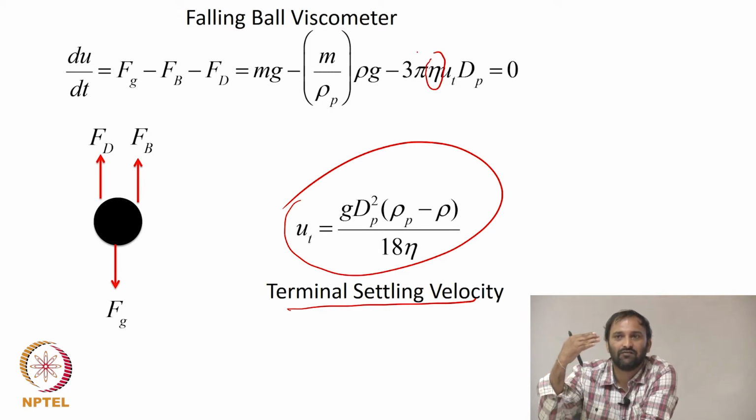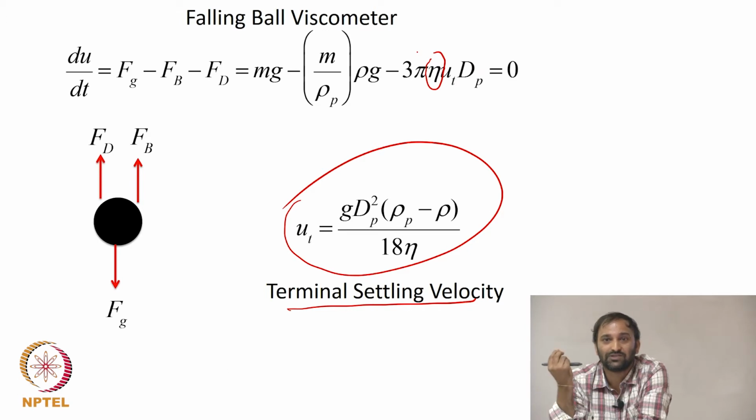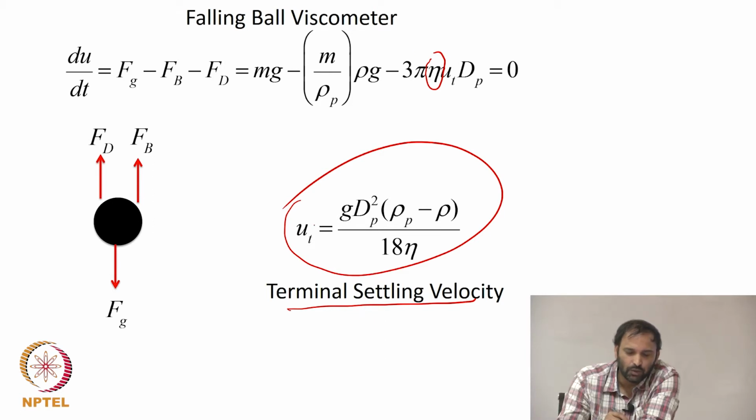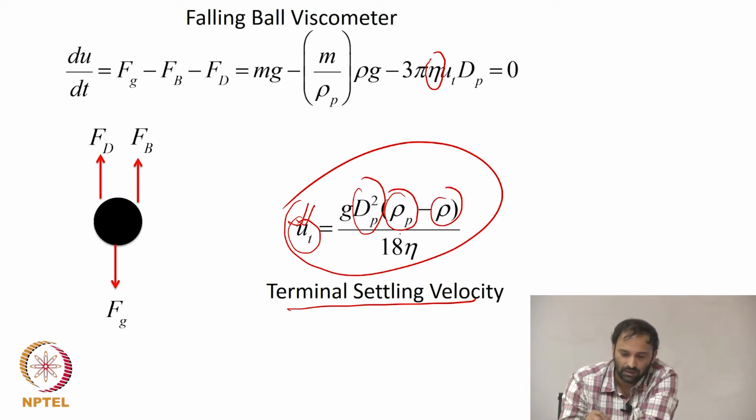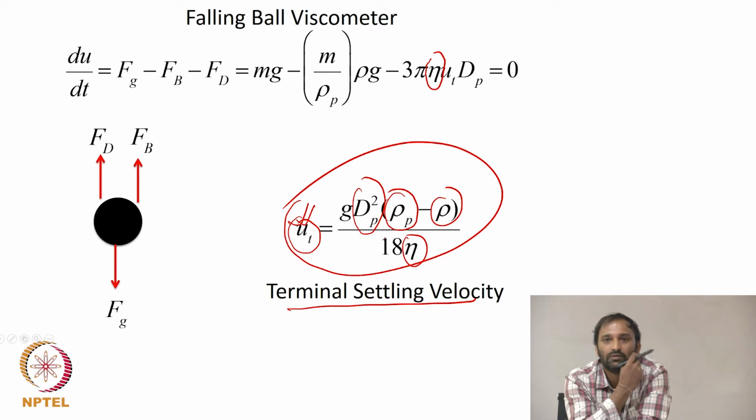As it falls down, the presence of the liquid slows down the ball. So if I have some way of measuring the terminal velocity, ut, and I know the diameter of the ball, the density of the particle and the density of the fluid, I can actually get the viscosity, okay.